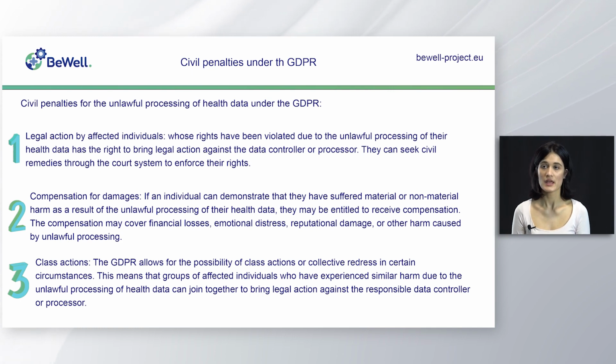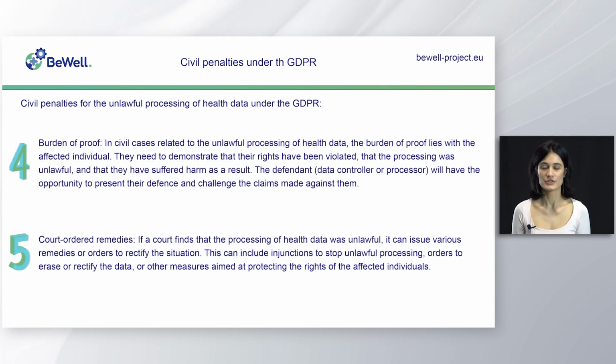Class actions. The GDPR allows for the possibility of class actions or collective redress in certain circumstances. This means that groups of affected individuals who have experienced similar harm due to the unlawful processing of health data can join together to bring legal action against the responsible data controller or processor.